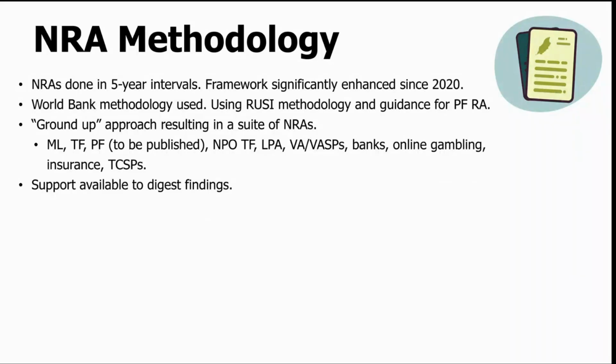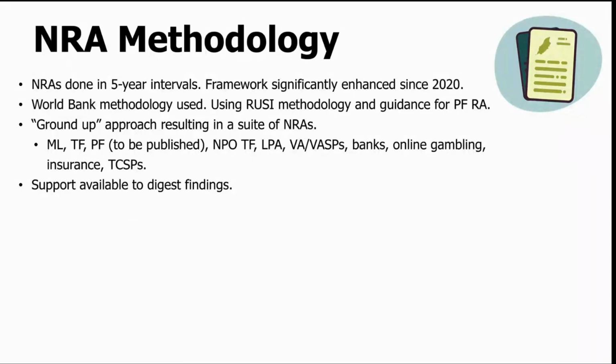The PF risk assessment is currently going through the governance channels now, and providing approval is granted from the Economic and National Strategy Board over the coming days, it should be published in the first couple of weeks of July. So obviously we'll do lots of communicating on that as it is published.